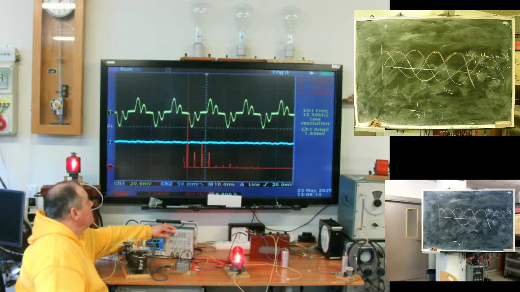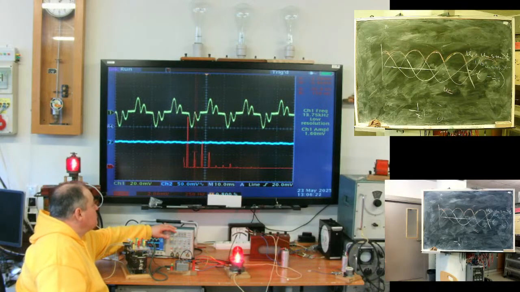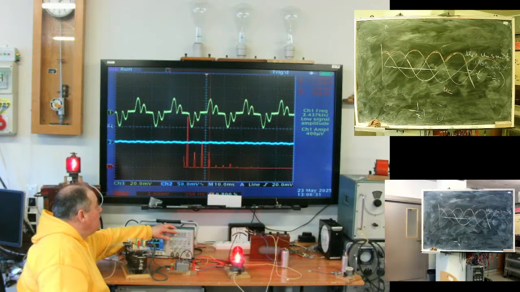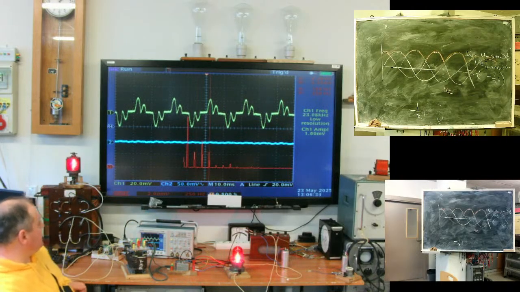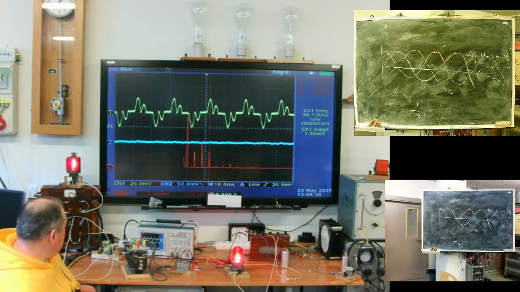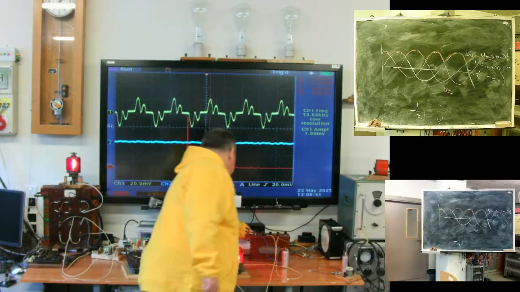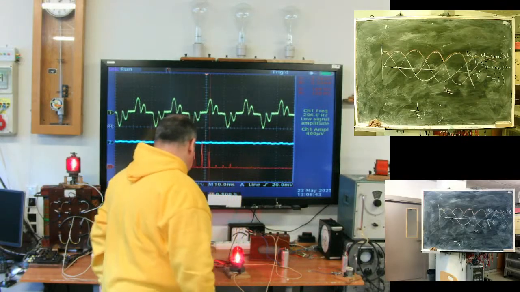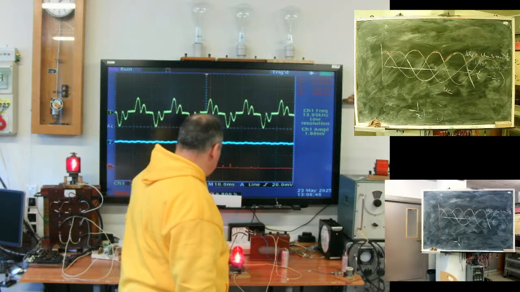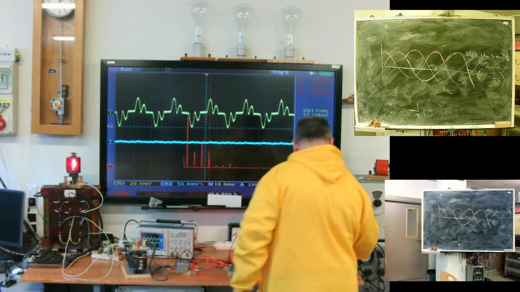Here, 50 Hertz. Next one, small third harmonic, relatively small. It's mostly magnetizing current. 250 and 350, the 5th and 7th harmonic. If I increase load, what can I do?